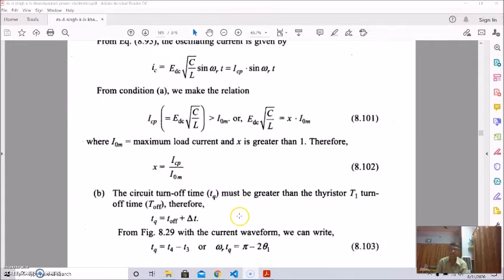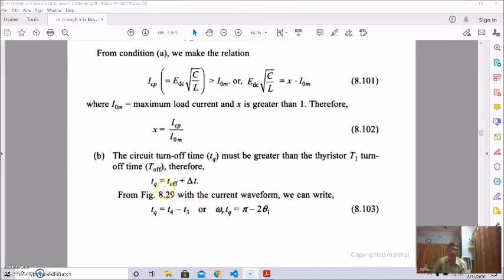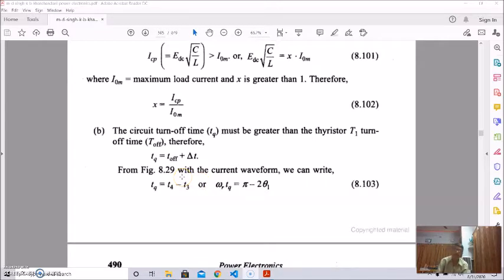The second condition is the circuit turn-off time. TQ must be greater than the thyristor T1 turn-off time, T off. Therefore the circuit turn-off time TQ should be T off plus delta T. From the waveforms, we find that TQ equals T4 minus T3, or omega r TQ equals pi minus 2 theta 1.